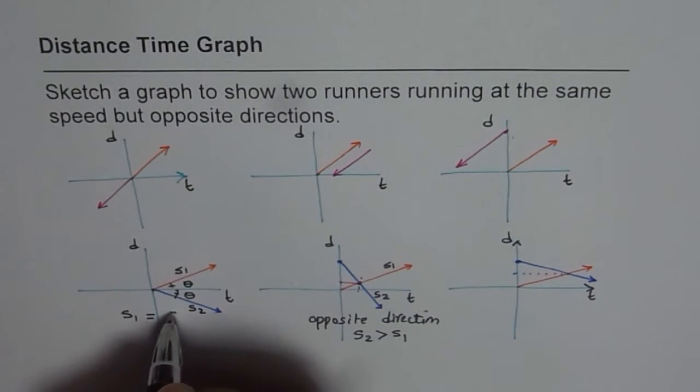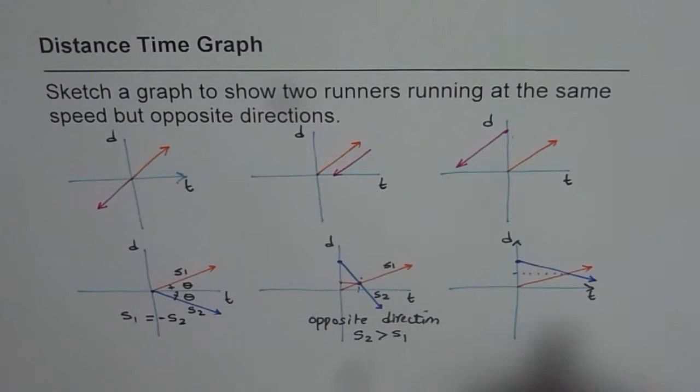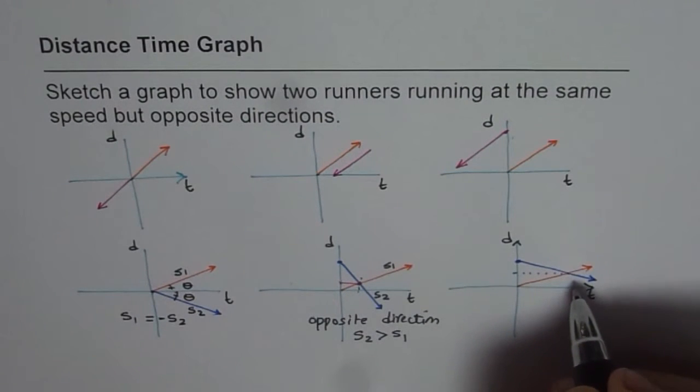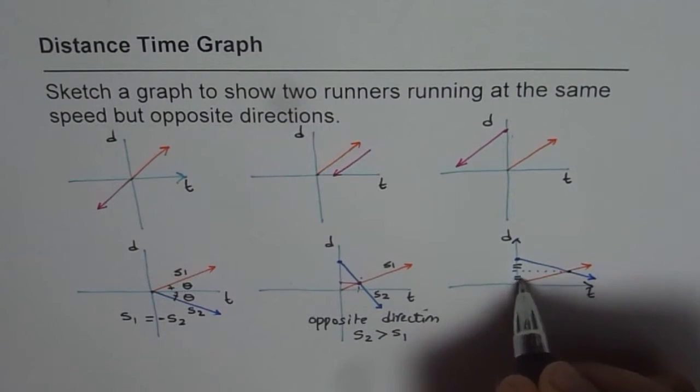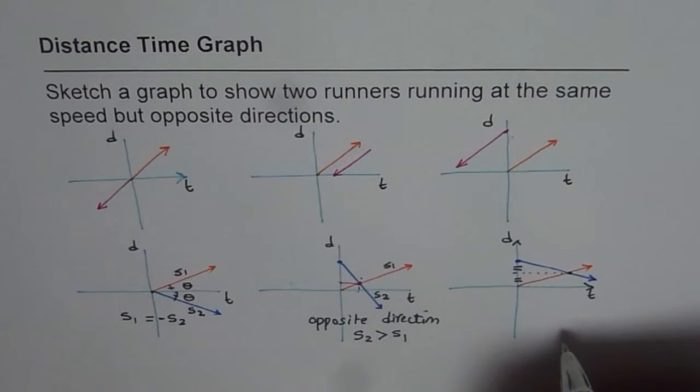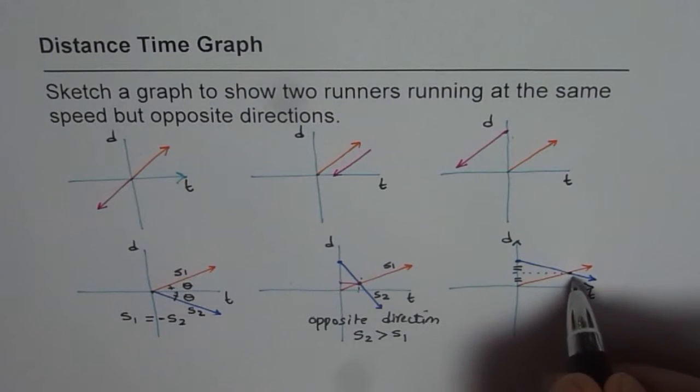In this case, indeed S1 is equal to S2 over the negative direction, right? In this particular case, we have taken a point so that the distance is equal for both. Since both of them take the same time to reach a particular distance which is the same for them, their speed is the same, right?